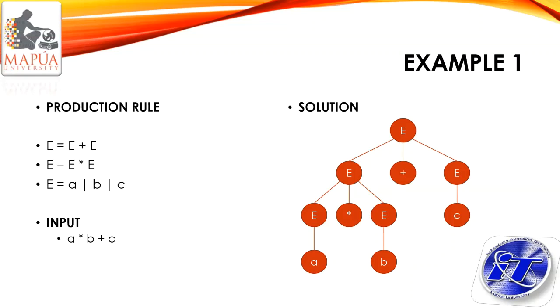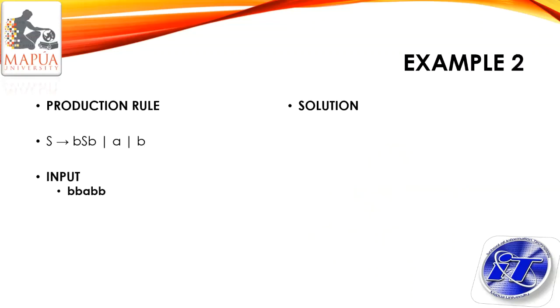Another example: we have this production rule. The start symbol S yields BSB or A or B, and we are requested to derive the input BBABB. Let's start with the root node, which is S, and we have three options to replace S: BSB, A, and B. Definitely we're not going to use the second and third options.